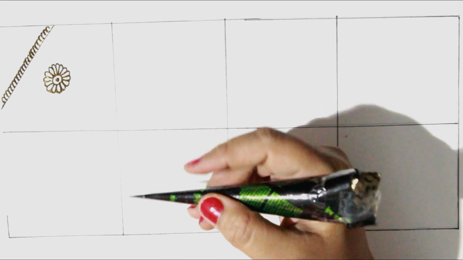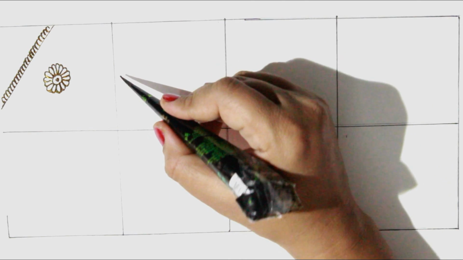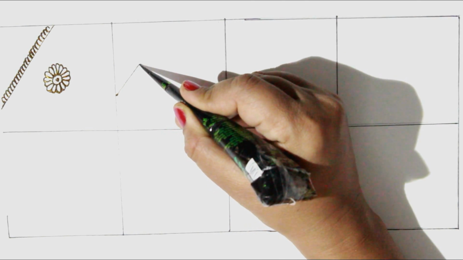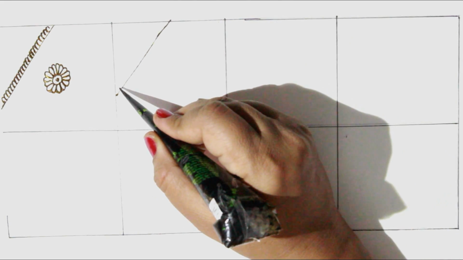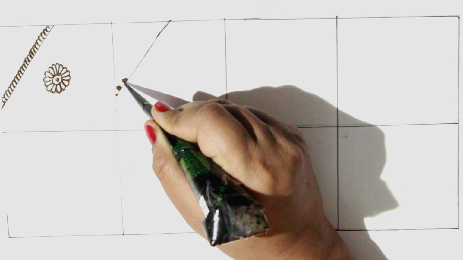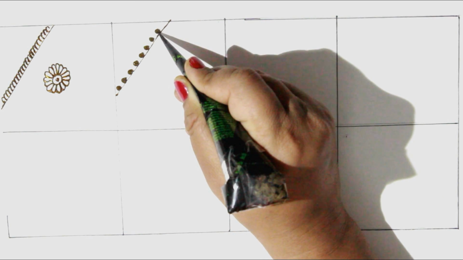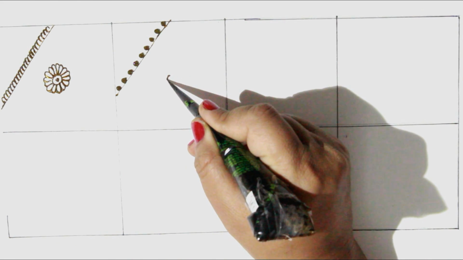For another type of flower, first draw a straight line again. Practice the dot design on it. And now, using these dots made above, we will create a flower.